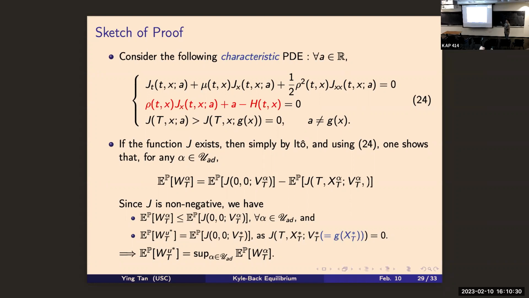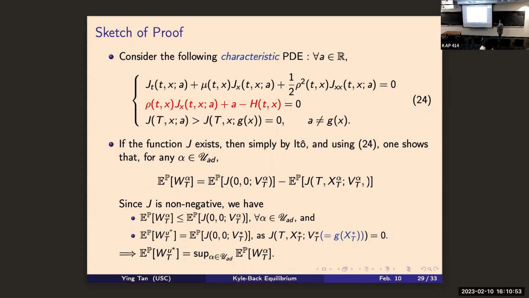And the first term is actually a constant because we have fixed the distribution for V capital T, that is M star. So the first term here is determined by the M star. So to maximize this term is to minimize this one. And to minimize this one, just look at that terminal condition.